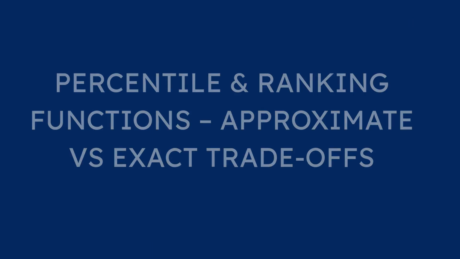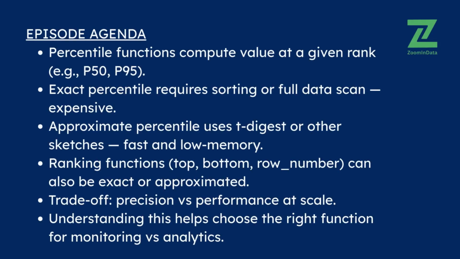Let's get started. Here is our roadmap for today. Percentile functions compute the value at a given rank, like P50 median or P95 latency. Exact percentile requires sorting or full data scan, very expensive.